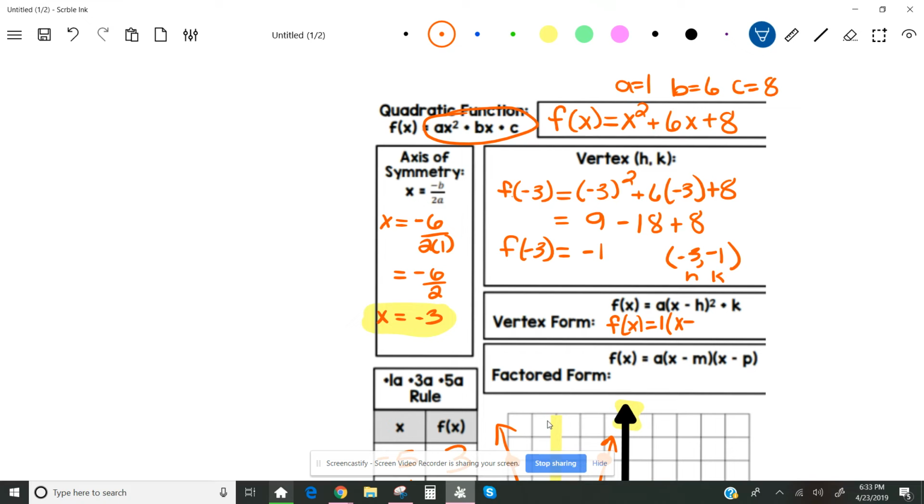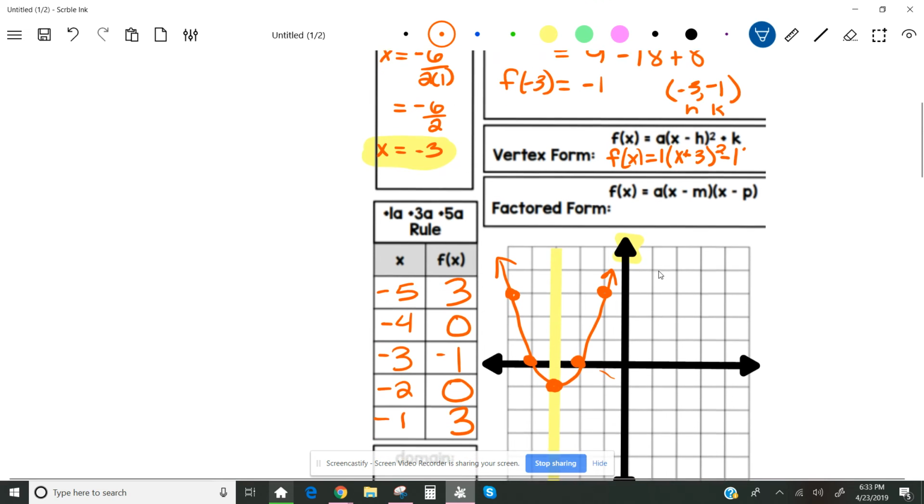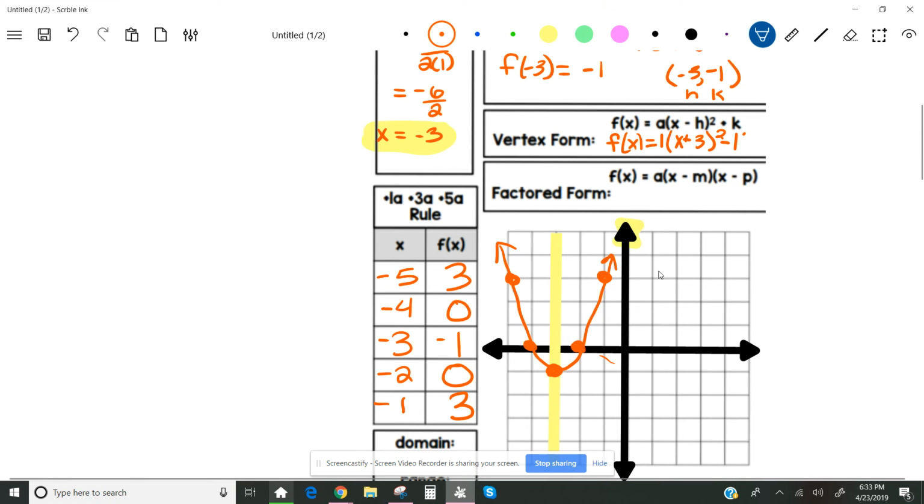So since it's minus -3, whenever we have two negatives like that, we can just make it a positive. So it'll be x plus 3 squared, and then minus 1, because that's my k.